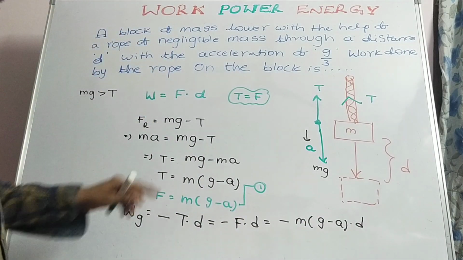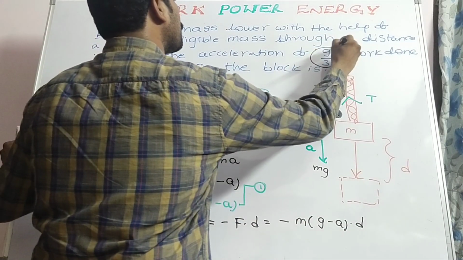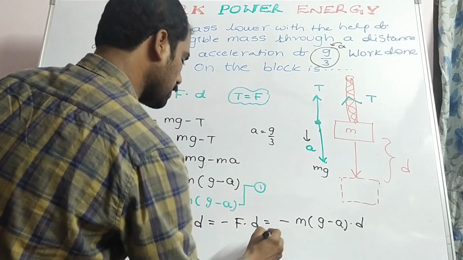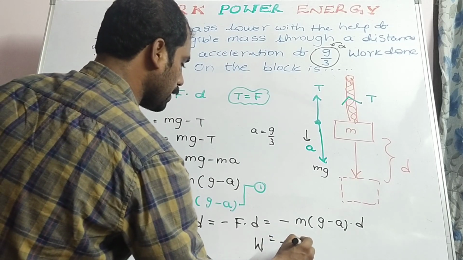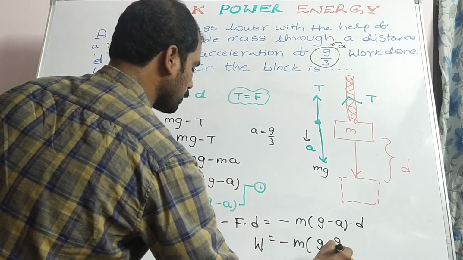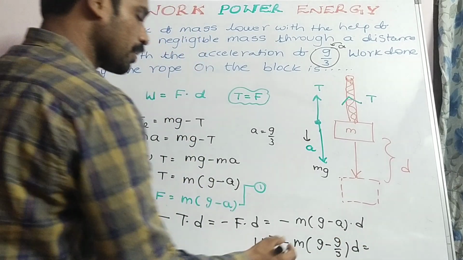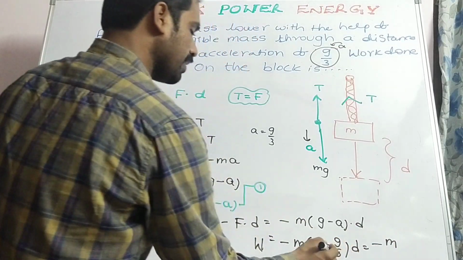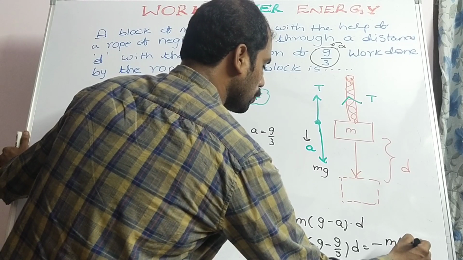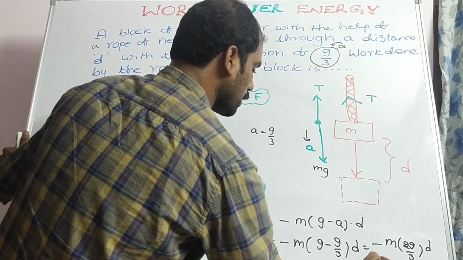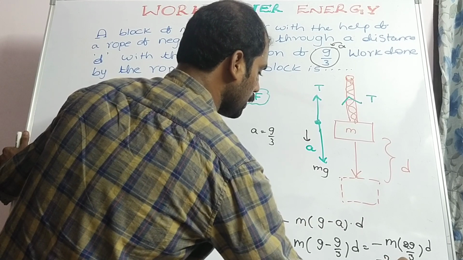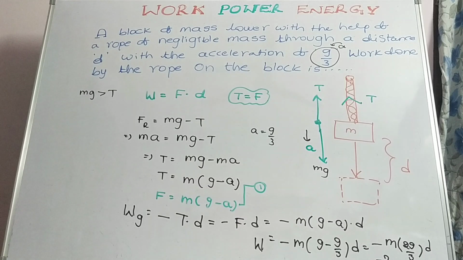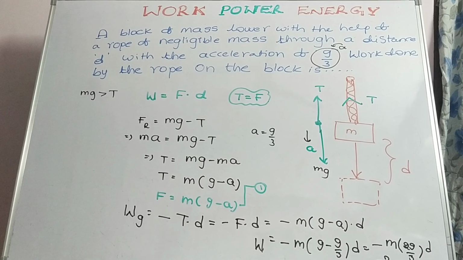But given a is equal to g by 3, so W is equal to minus m into g minus g by 3 into d, that is equal to minus m into 3g minus g by 3 into d, that is 2g by 3 into d. That is equal to minus 2 by 3 m g d.